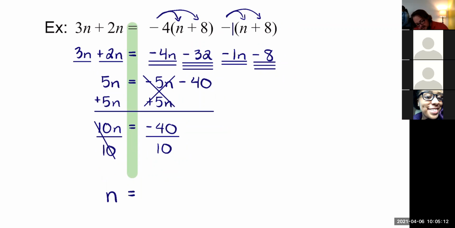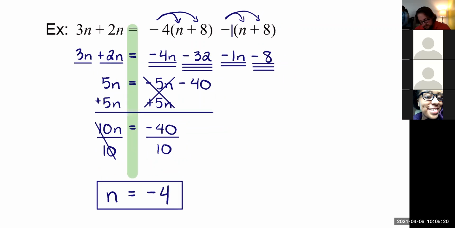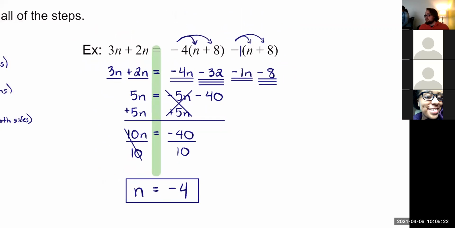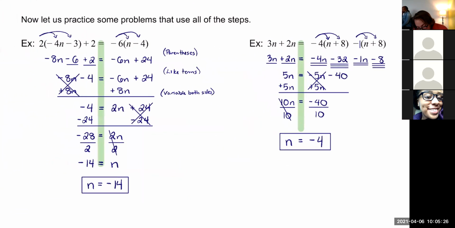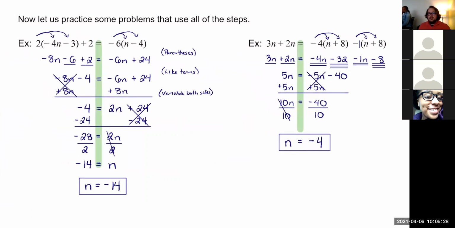Drop my equal sign. -40 divided by 10 gives me a -4. So even if everything is applied, so long as you only worry about one step at a time, it will slowly fall into place.